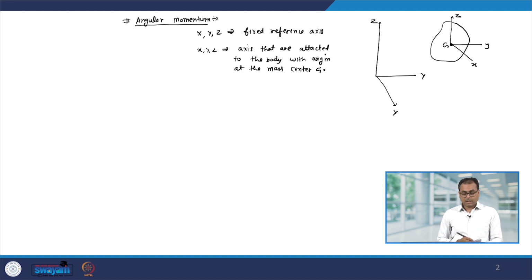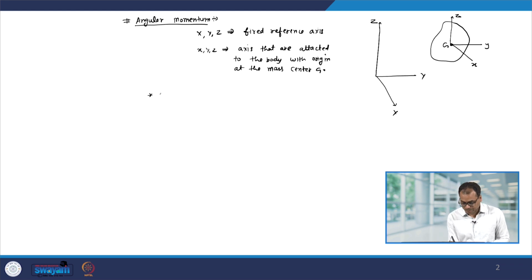Now, if we observe from the capital XYZ reference frame, and let us say this rigid body has an angular velocity omega, in that case the small xyz axes will also rotate with the same angular velocity omega, because these axes are fixed with the rigid body.